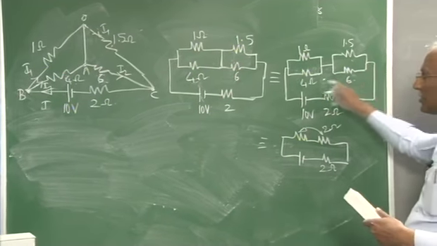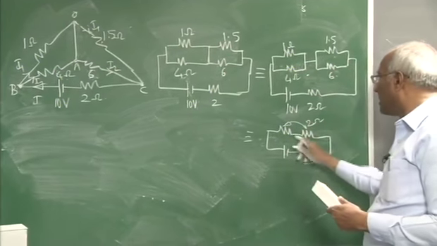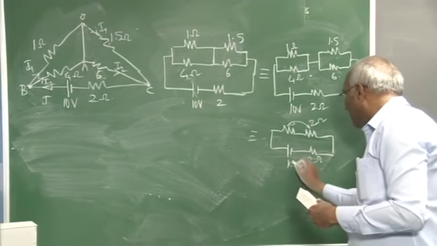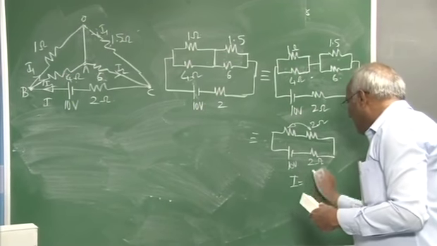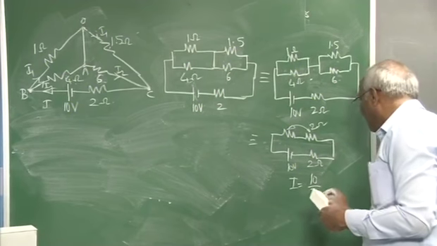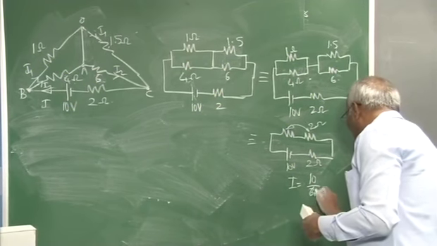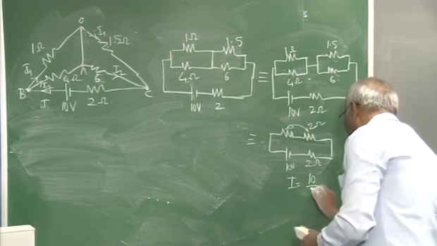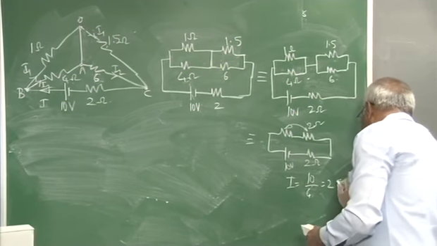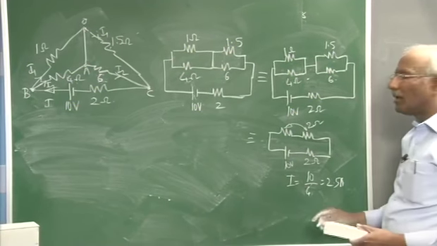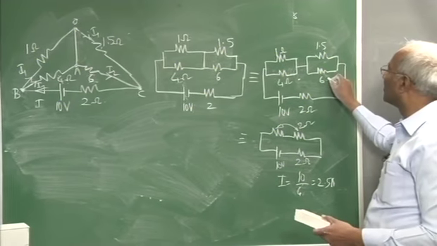When you simplify this also and add up, it works out to 2, and this being 10, again the current will be 10 divided by 4, which comes to 2.5 amperes. Once I get that, how to find out the current flowing through this?